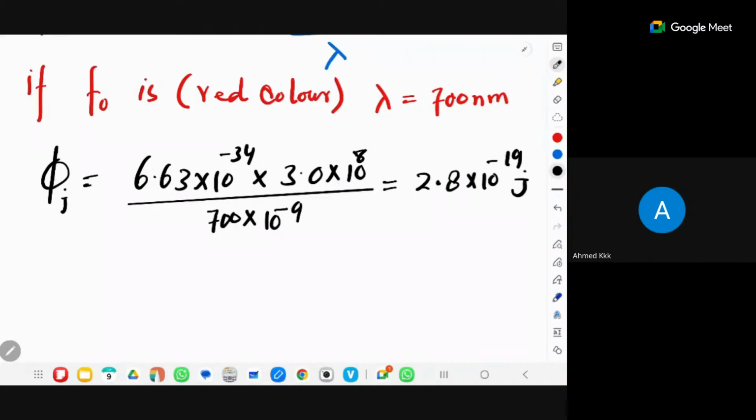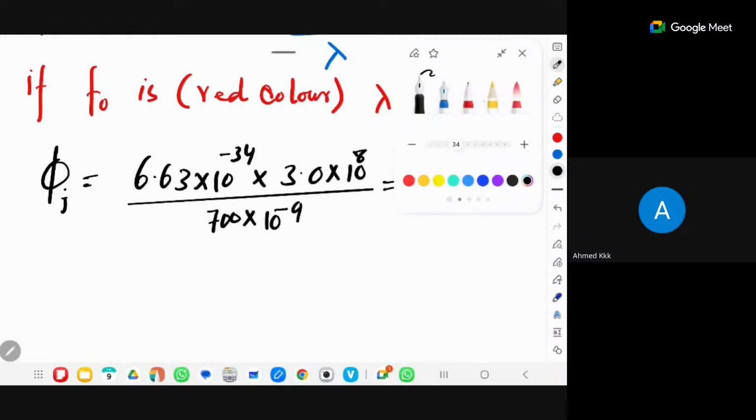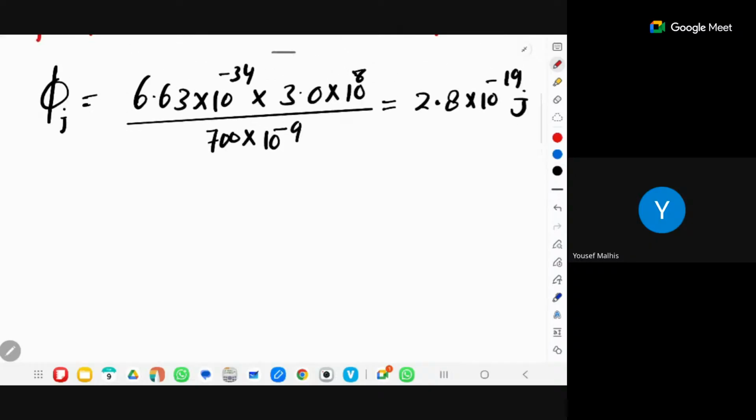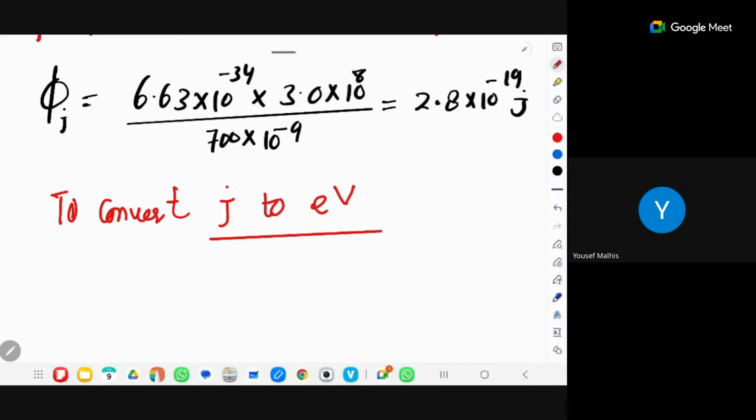Is this clear to everyone? Okay. So right after this, there is one more problem. This is a very small amount of energy. So to convert joule to electron volt, what do we do?